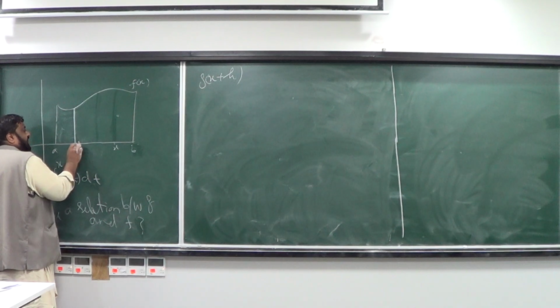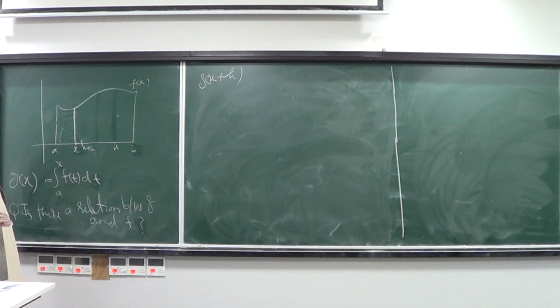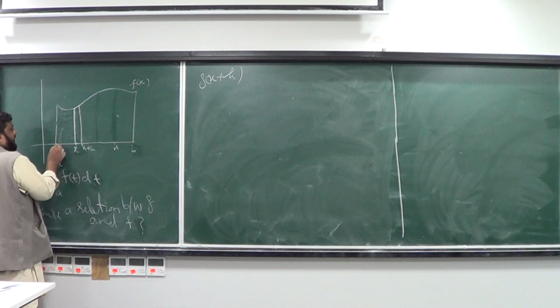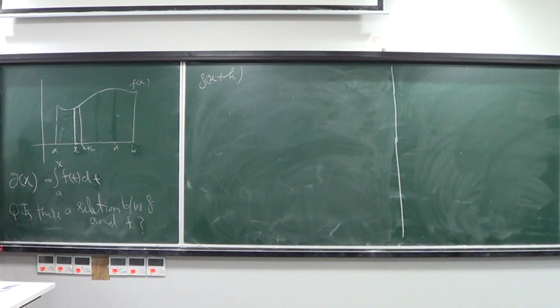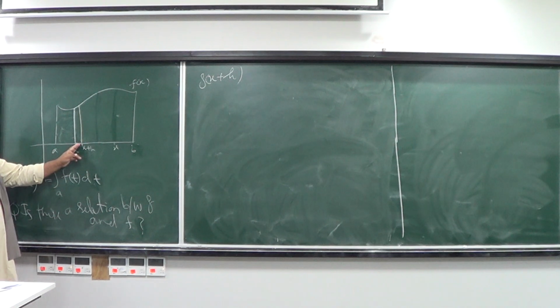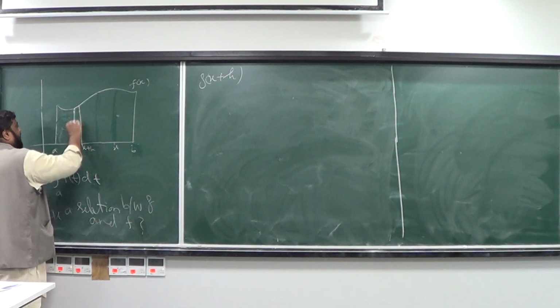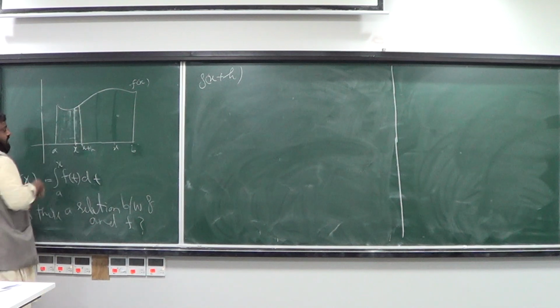Say this is x and this is x plus h. Then g of x plus h is the area under the same curve f of x, but this time on the interval from a to x plus h. So the whole area up to x plus h includes this chunk as well.